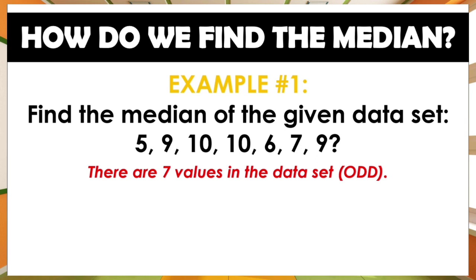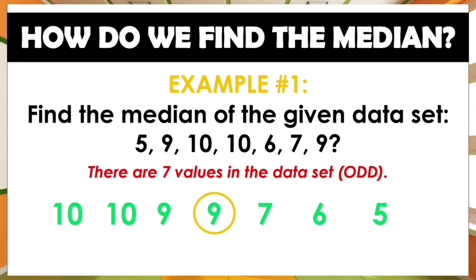Now, what if we arrange the data from highest to lowest? Will we obtain the same answer? To arrange, we have 10, 10, 9, 9, 7, 6, and 5. Obviously, we have the same answer, which is 9.